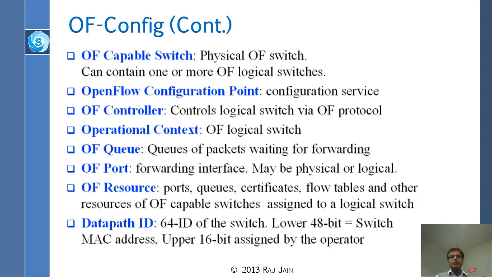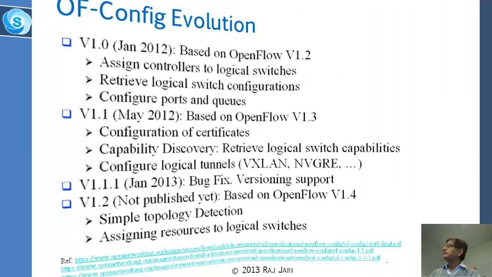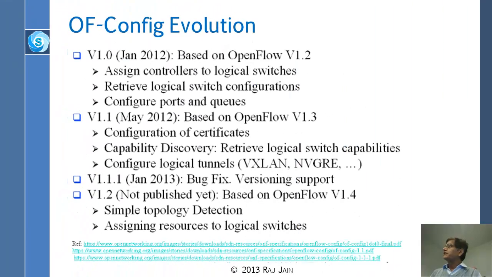So just like OpenFlow, OF config is an evolutionary thing. Basically, it keeps changing. Version 1 was based upon OpenFlow version 1.2, and it was limited to ports and queues. Version 1.1 added certificates, security, and even added tunnels.